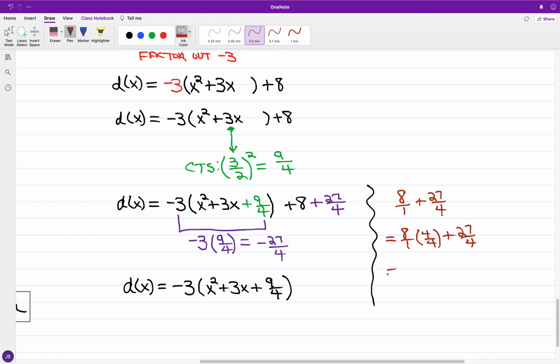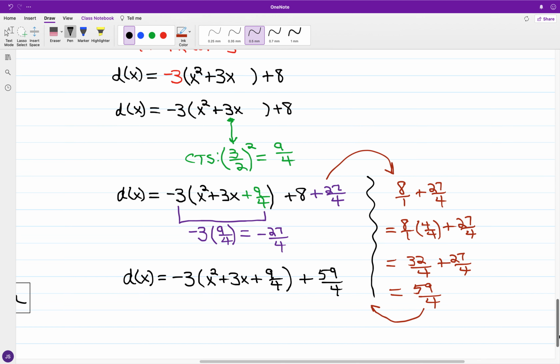So 8 is going to become 32/4, and adding 27/4, we have 59/4. So we're going to have -3 times the quantity of x squared plus 3x plus 9/4, and then for 8 plus 27/4, we're going to have 59/4.